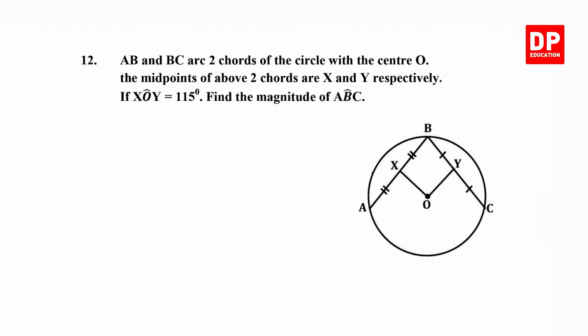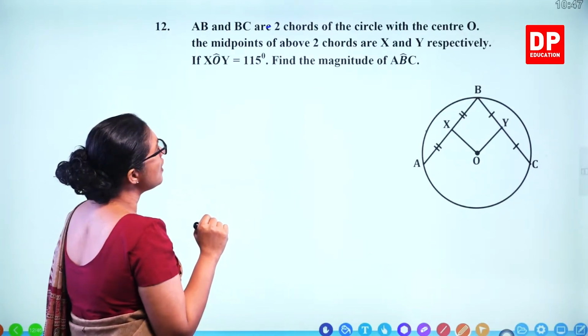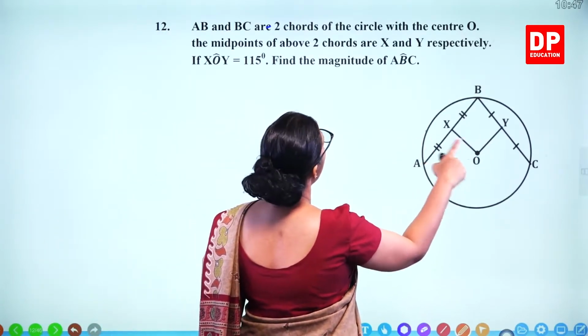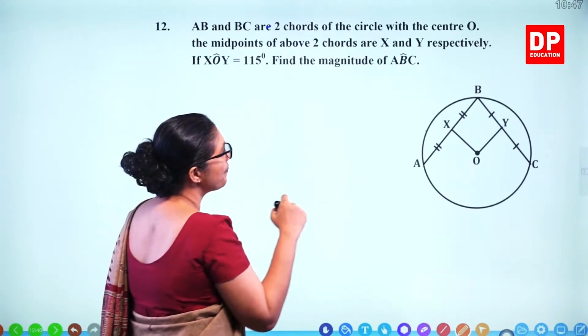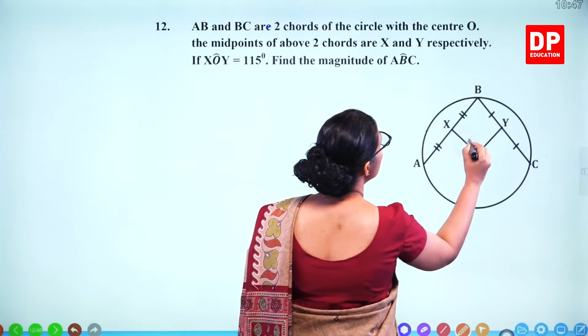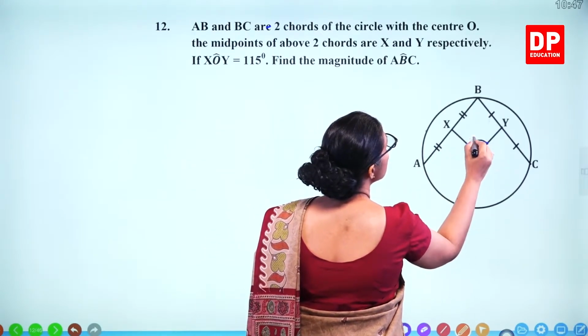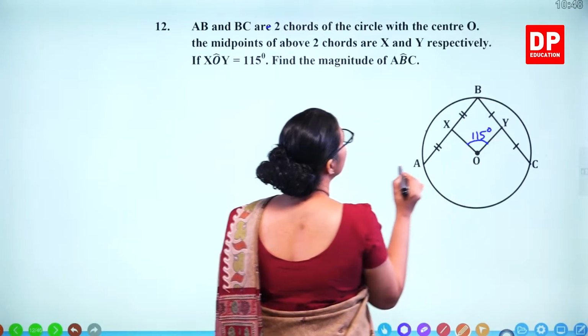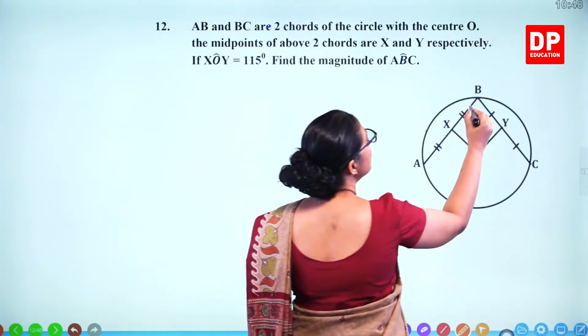AB and BC are 2 chords of the circle with the center O. The midpoints of the above 2 chords are X and Y respectively. If XOY is 115, find the magnitude of ABC, this angle.